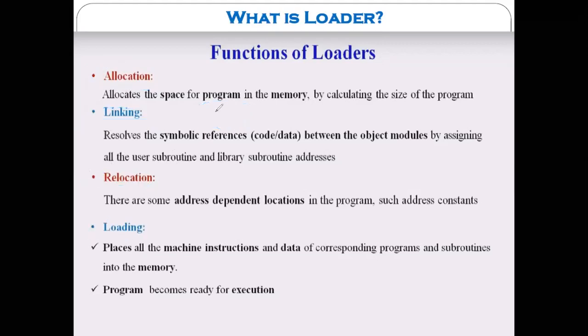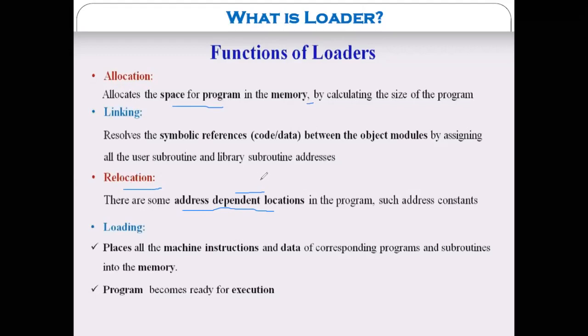Allocation, as we have already discussed, is allocating the space for the program in the memory with the help of the operating system. Relocation is needed if there are some address dependent locations, some kind of address sensitive instructions, which are part of your object program. The object program is the result of the translation by the translator.